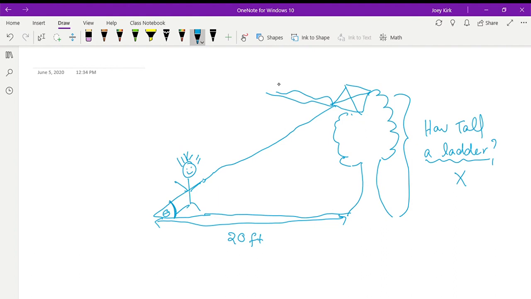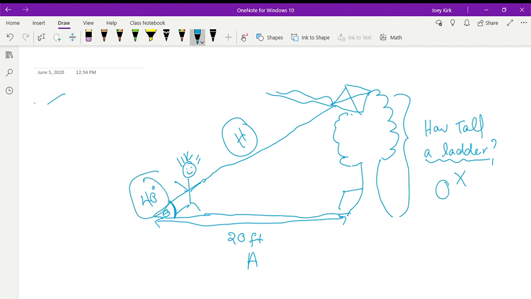So you could figure out this height from just these 2 pieces of information. Let's say you were at, I don't know, what's a normal angle here, a 40-degree angle to the top of the tree, and it was 20 feet. If we turn this into a right angle triangle, we don't know the hypotenuse, but we do know the adjacent and the angle, and we're looking for the opposite.